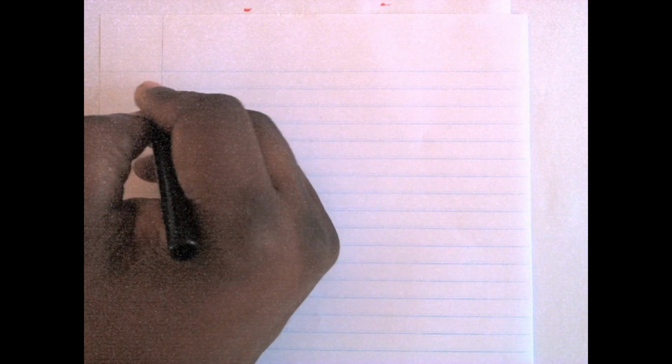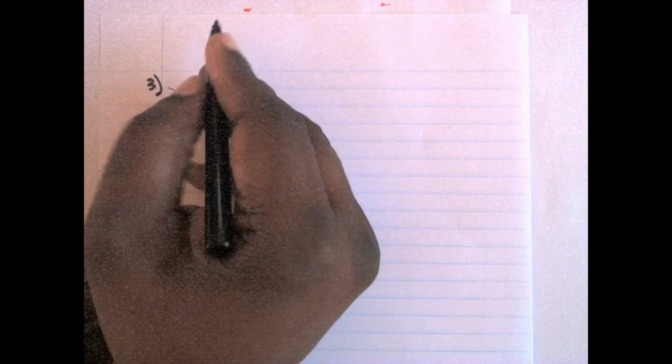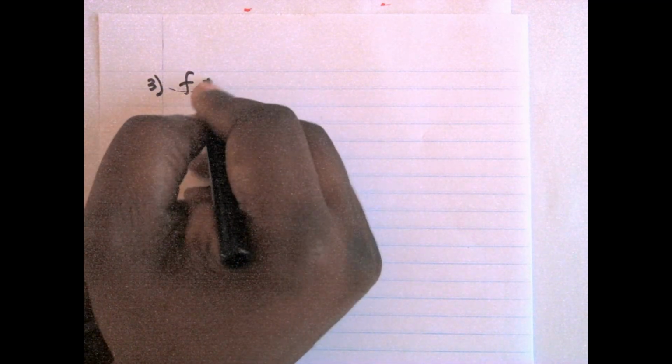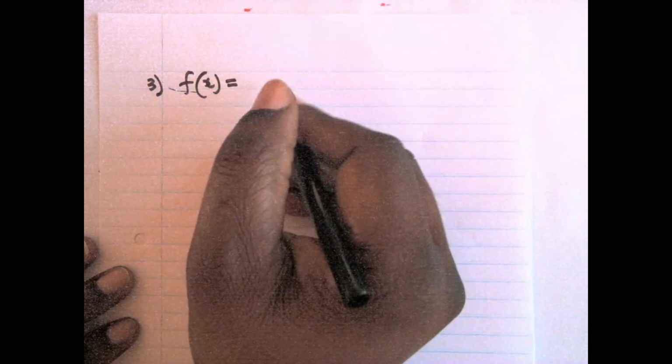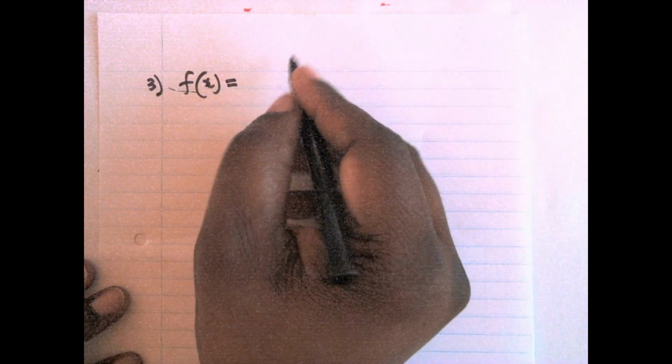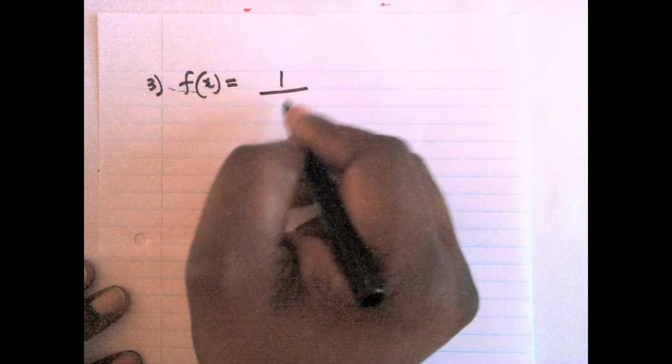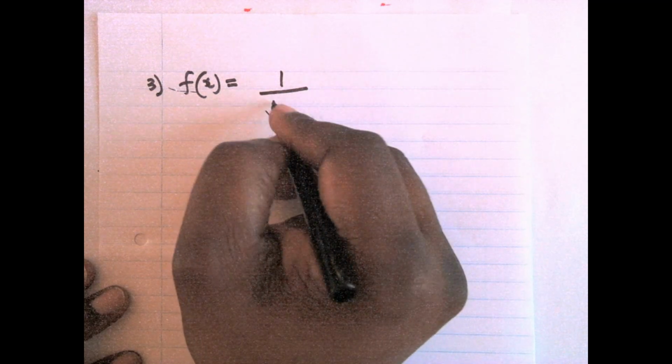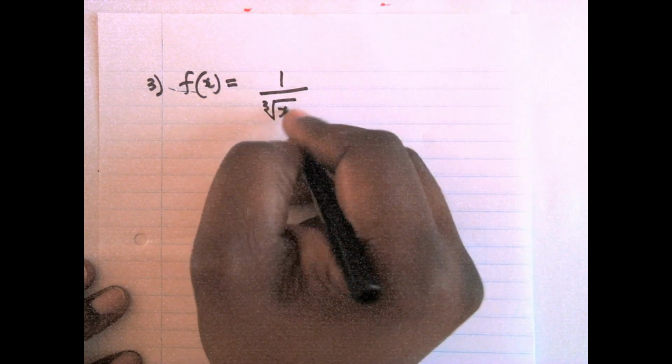Let's move on to the next one that I have. Suppose we are given that, this is now number 3, f of x is equal to 1 over the cube root of x to the power of 8.